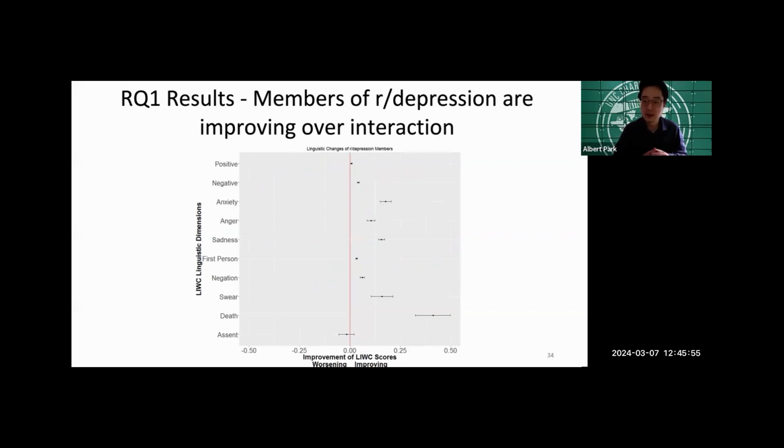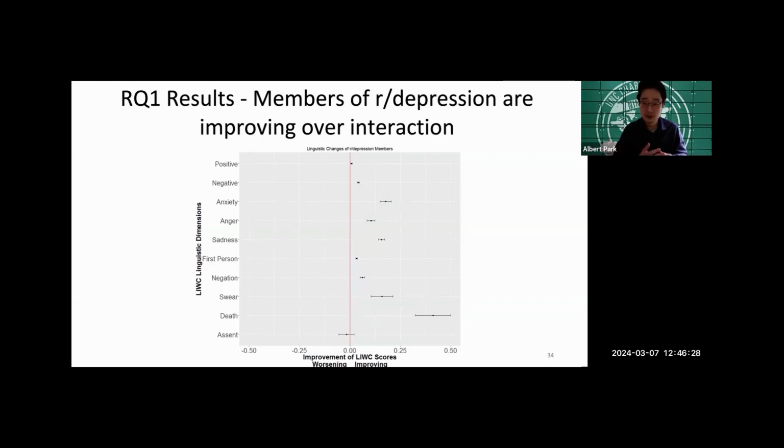So we can see that members in the depression community have improved in 9 out of 10 dimensions. And the last one, assent, shows no change. So basically, with each interaction, how often members say yes or agree doesn't really change, but all other mood indicators were improving.